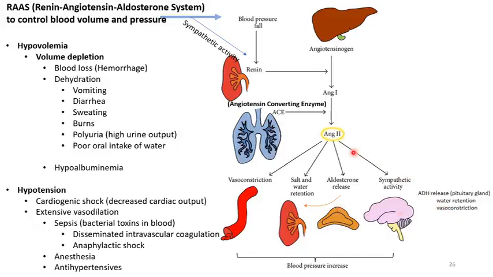And also ADH, which is released from the pituitary gland when we experience hypovolemia or hypotension. Water retention and vasoconstriction will accompany the effect of angiotensin 2, and also we experience thirst by the presence of angiotensin 2 and its effect on the hypothalamus. All these factors help us to increase blood volume, and also constriction of blood vessels will help us to maintain blood pressure.